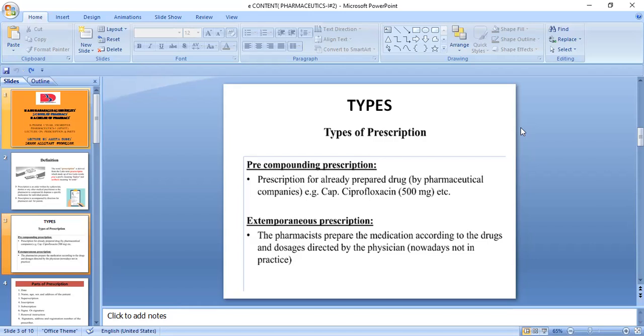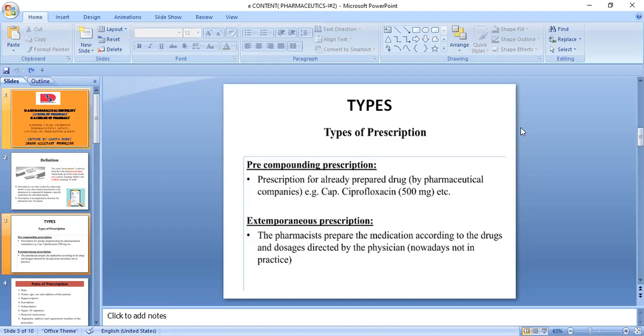Now, the extemporaneous prescription. The pharmacist prepares the medication according to the drug and dosage directed by the physician. As I said in the previous slide, the instructions regarding compounding and dispensing should be very clear from the prescriber. In this type of prescription, clear compounding and dispensing instruction is very important.